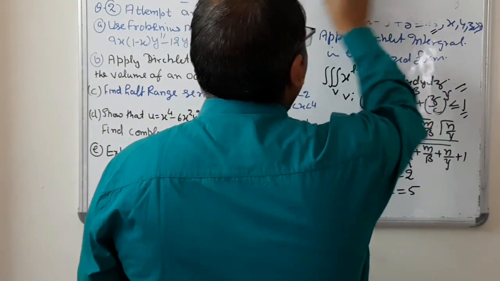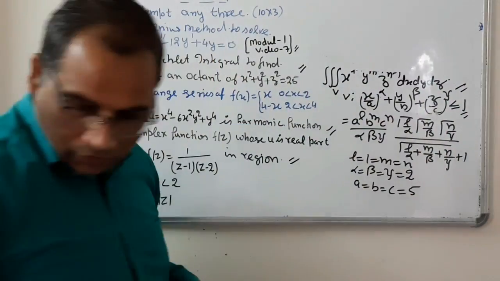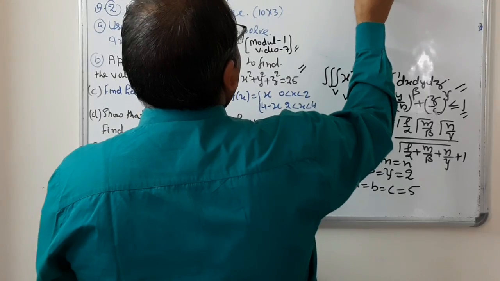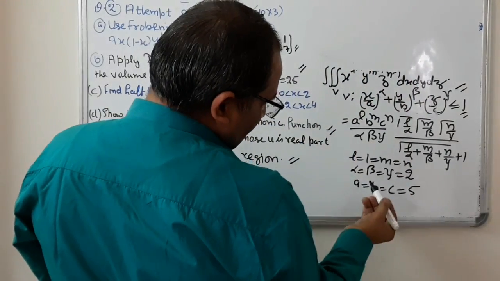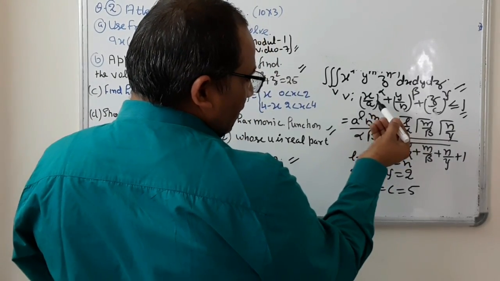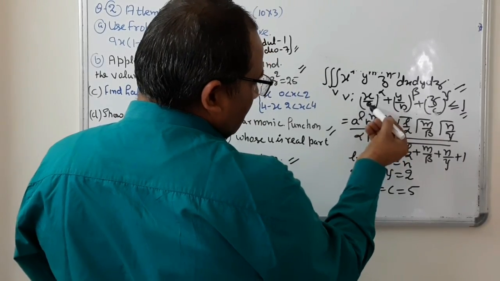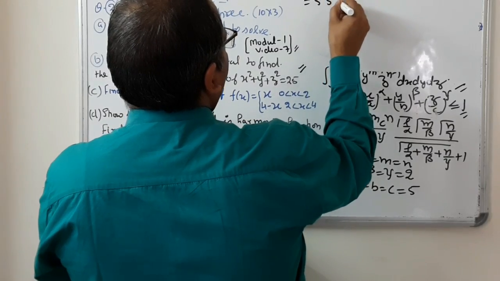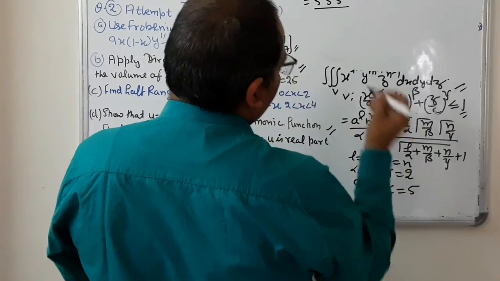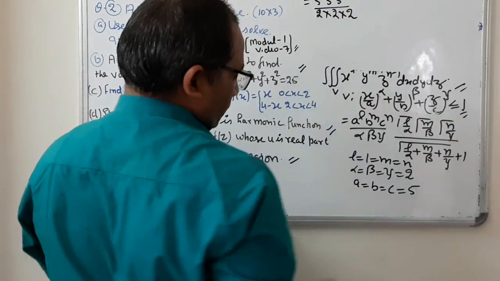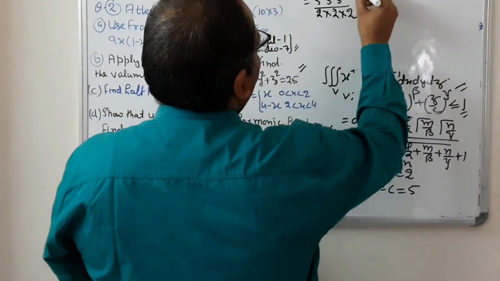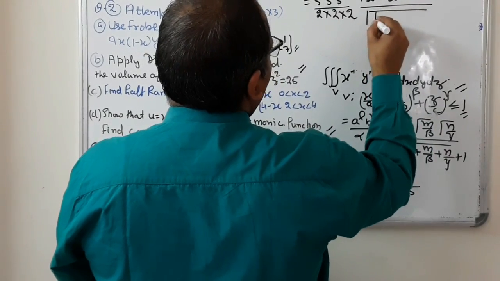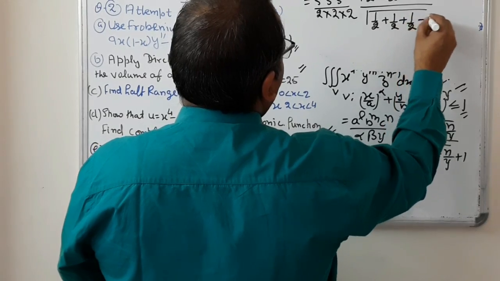The integral of V dx dy dz equals a to the power l, b to the power m, c to the power n, where a is 5, so 5 to the power 1 three times, upon alpha beta gamma, which is 2 into 2 into 2. l upon alpha means 1 by 2, so gamma of 1 by 2 three times, upon gamma of 1 by 2 plus 1 by 2 plus 1 by 2 plus 1.